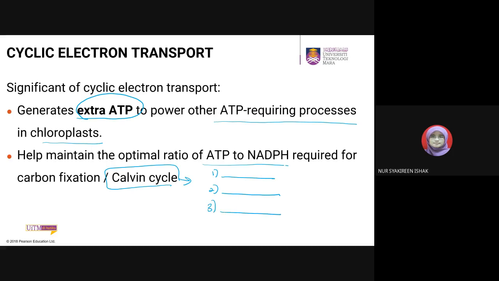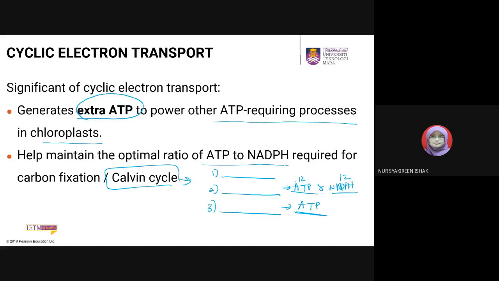Okay, so during phase 2, dia akan menggunakan ATP and also NADPH, the same amount of ATP and also NADPH. If I'm not mistaken, 12 molecules of ATP and also 12 molecules of NADPH. During the regeneration phase, dia akan guna ATP.